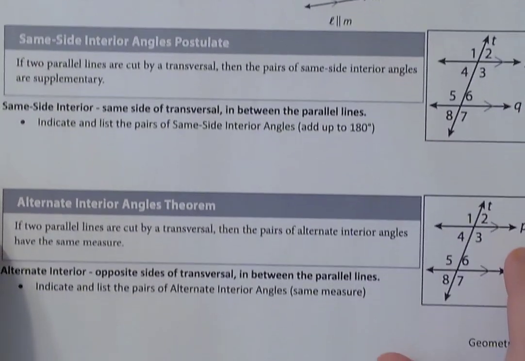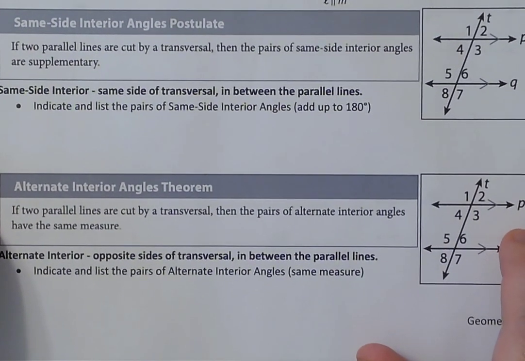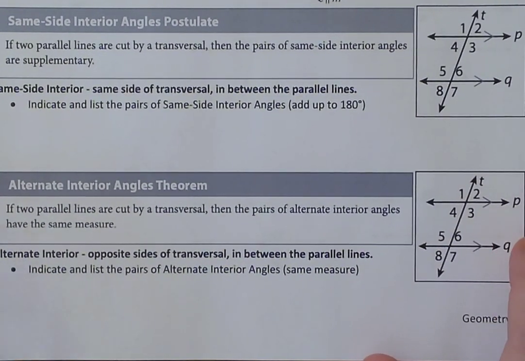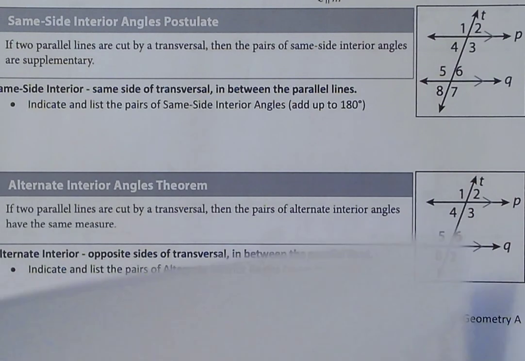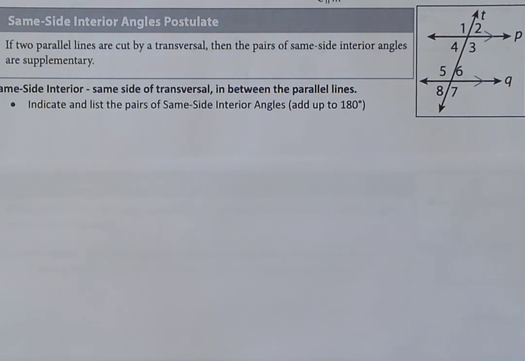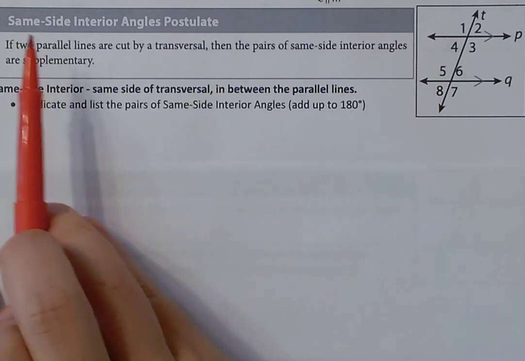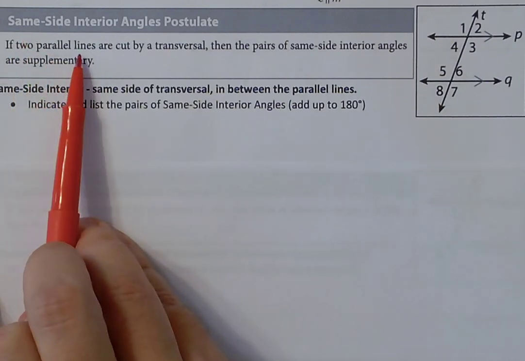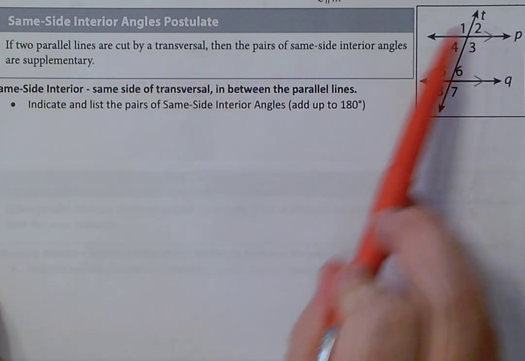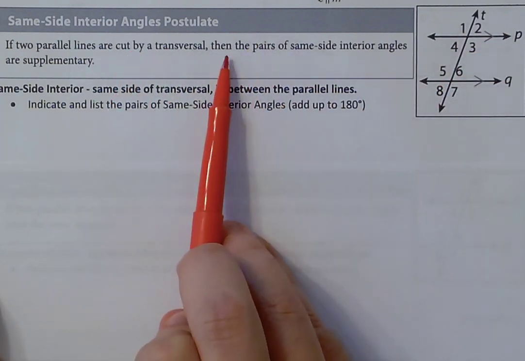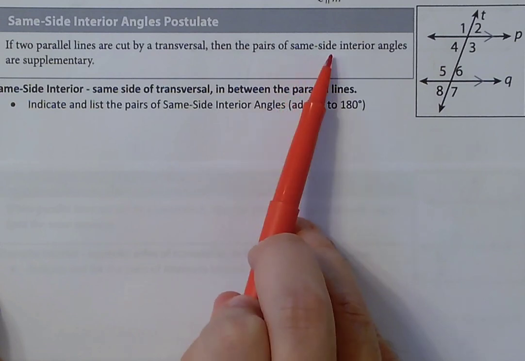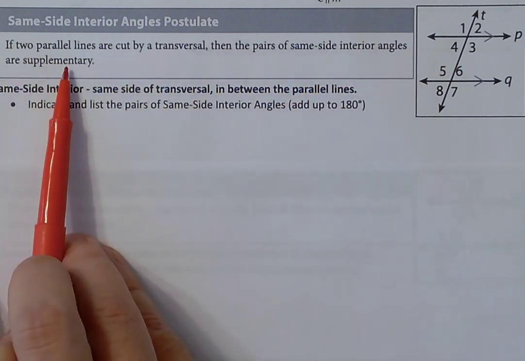All right, so let's take a look at our first postulate, and it's going to deal with the same side interior angles postulate. Now, the same side interior angles postulate states this: if 2 parallel lines are cut by a transversal, like such, then the pairs of same side interior angles are supplementary.